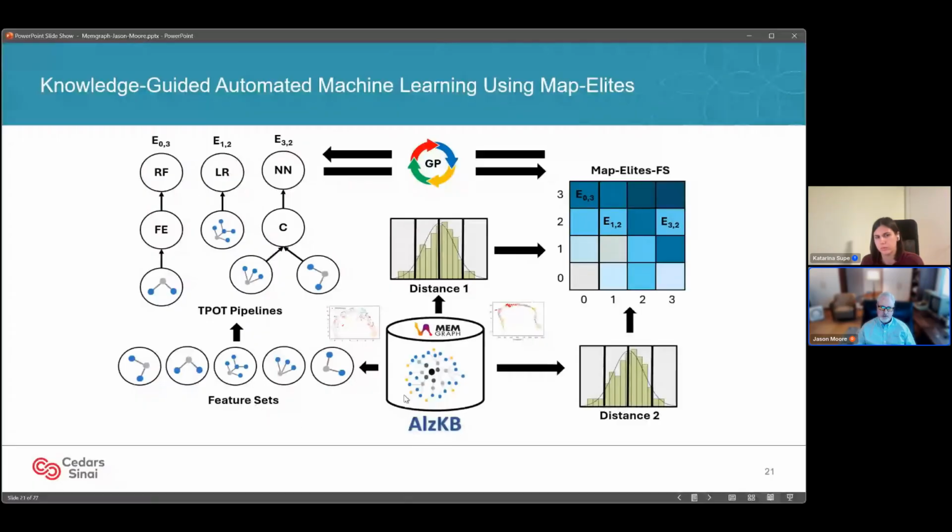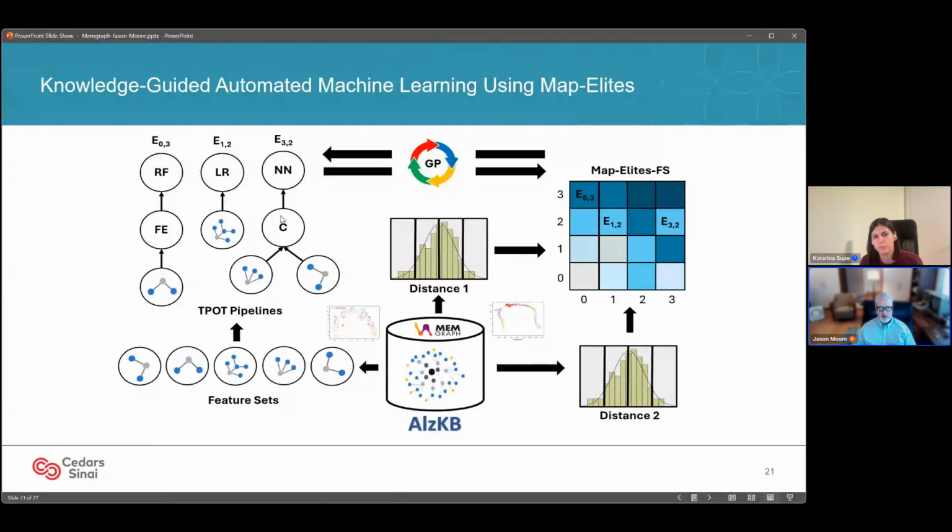So let me just say this again. The knowledge graph, the Memgraph database, is being used to guide the machine learning toward novel parts of the search space, novel genes, and it's being used here to define novel feature sets tied to FDA-approved drugs, so that'll make the machine learning more interpretable.